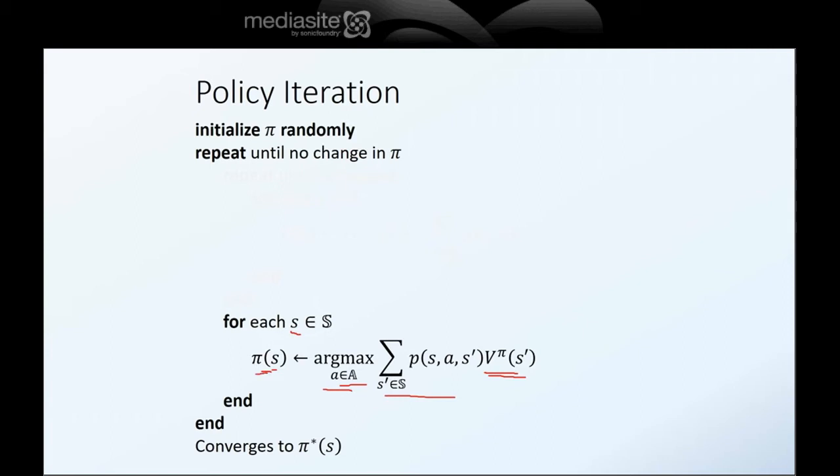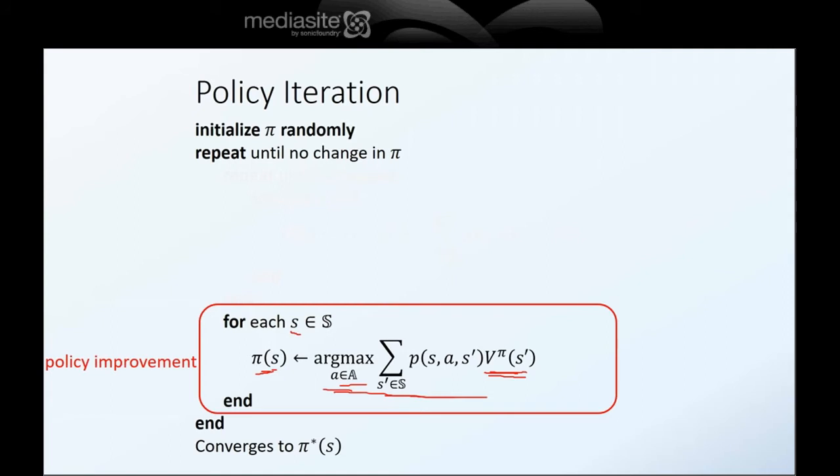So we are updating pi to be equal to the best possible action. Now this is not exactly the best possible action because this is not the optimal policy yet.